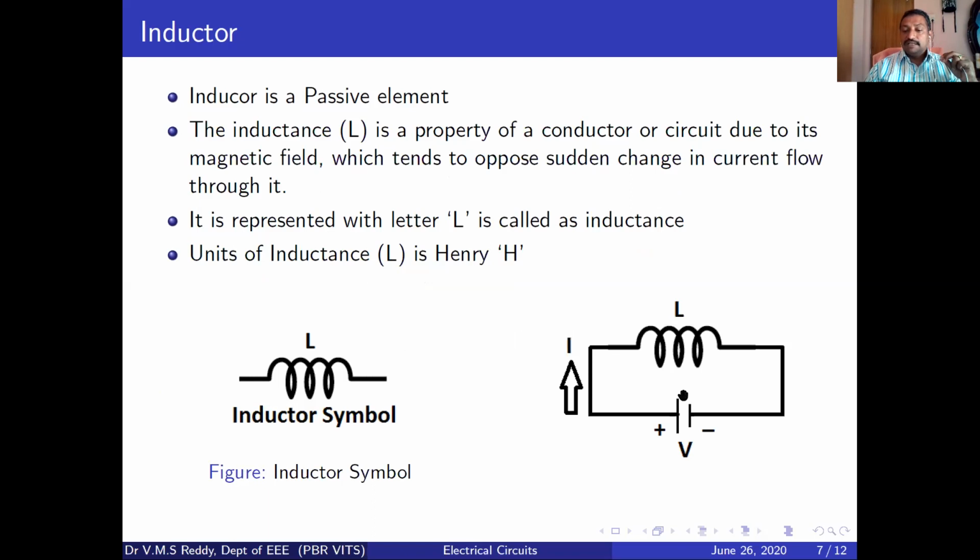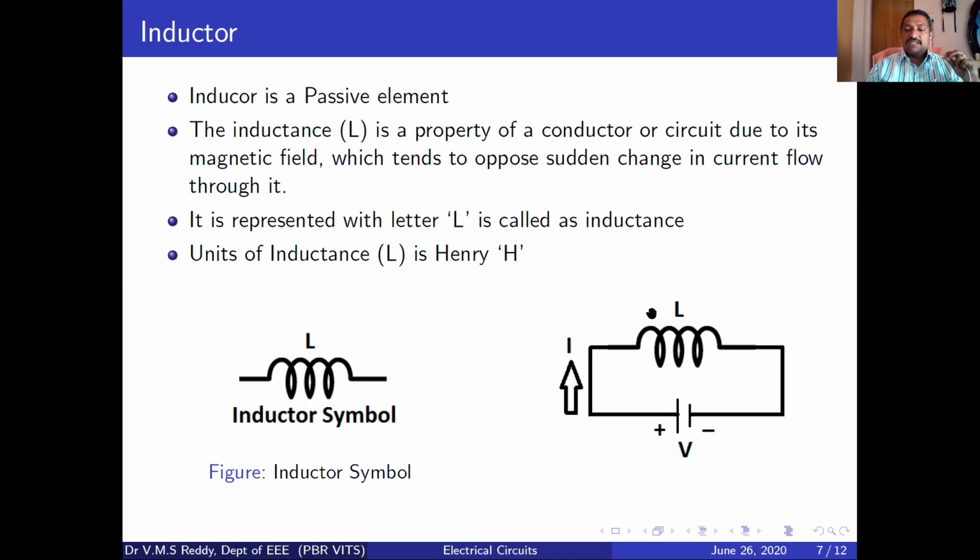Why does it happen? Whenever you apply this inductor, a passive element, to the active element, the voltage source, immediately the current starts to flow from the positive terminal of the battery to the negative terminal. Whenever current flows through the coil, as Oersted explained in 1820, magnetic flux is produced surrounding the conductor.